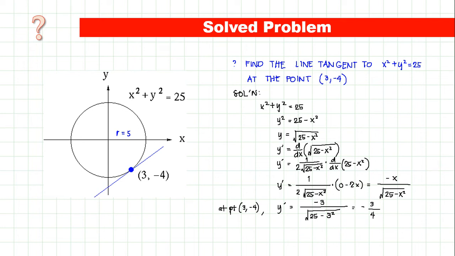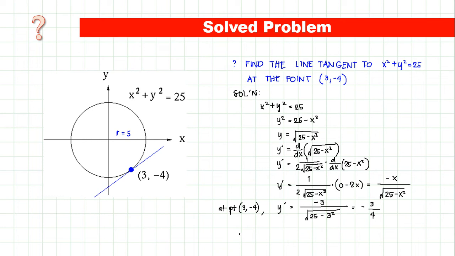So, yung line that is tangent dyan sa ating slope na yan. So, para makagawa tayo ng line, we have the point slope form.